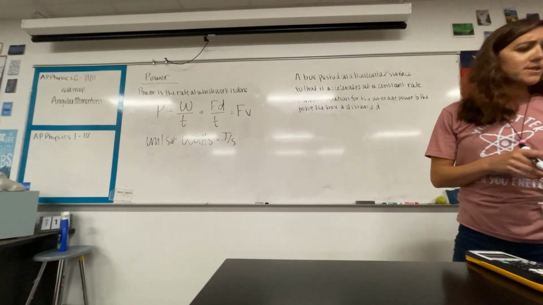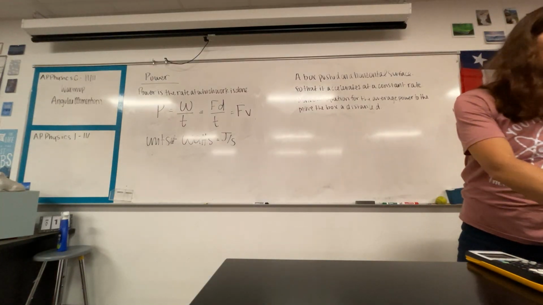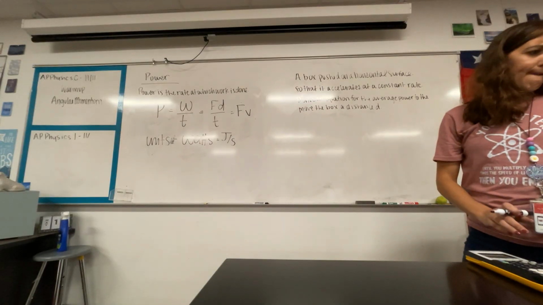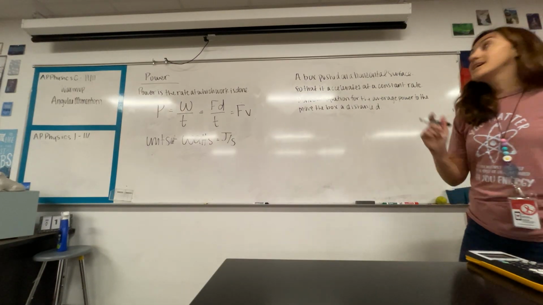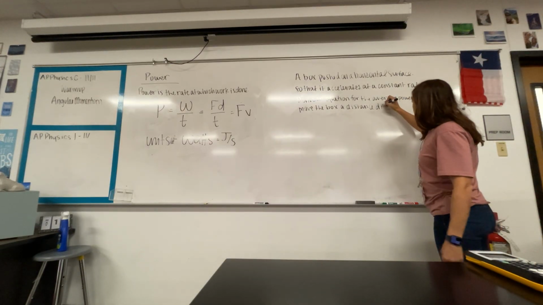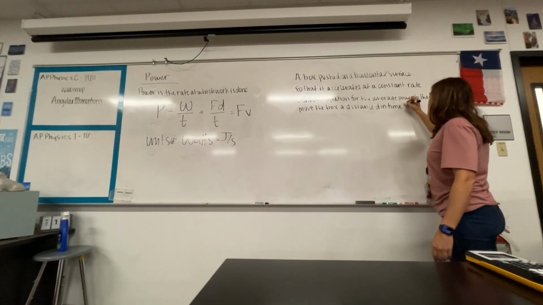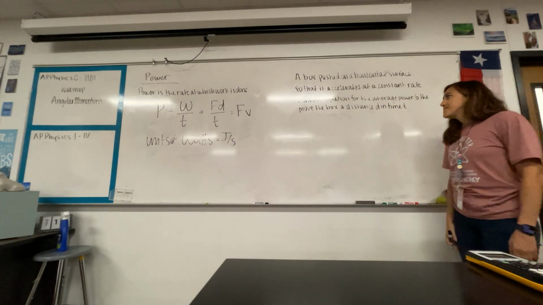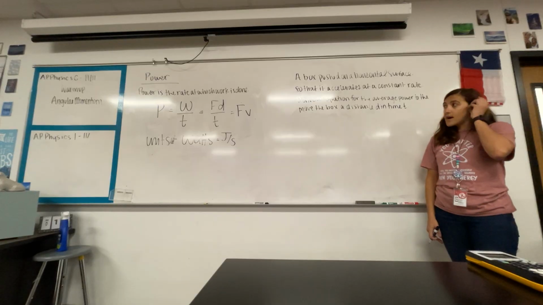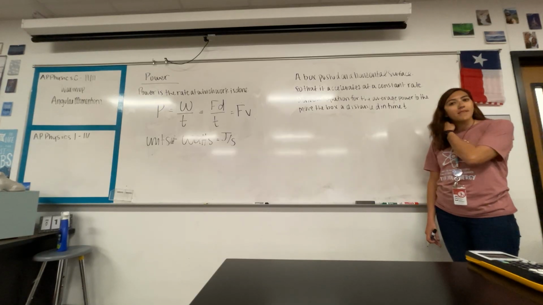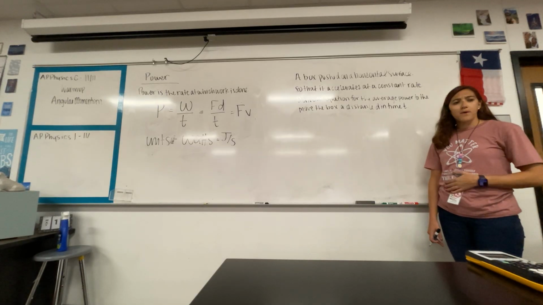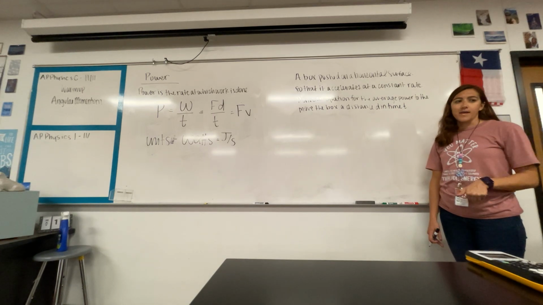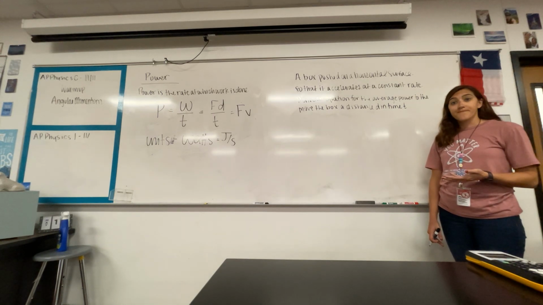Let me make sure the question doesn't have anything else, because I feel like you need one more thing. d in time t. Yeah, I knew I forgot something. To move the box a distance d in the time t. So I want to know what the average power is for this.